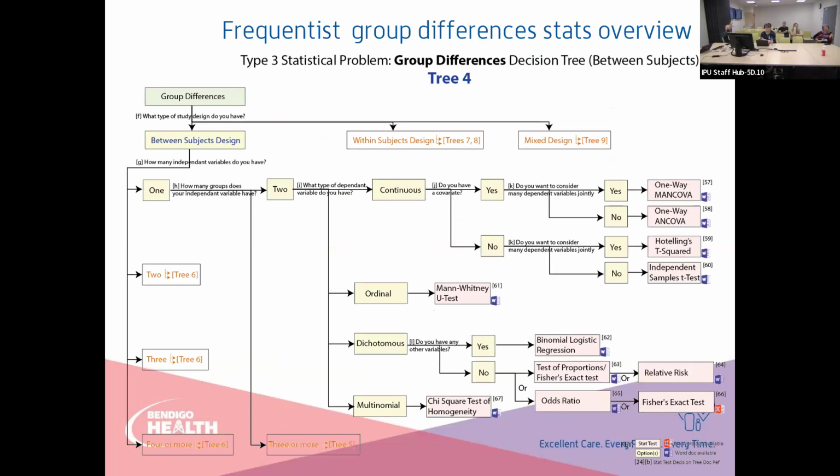This decision tree is something I use. If you're considering doing statistical work, then I can sit with you and we can work out the best approach to analysing your data, because there are so many options.